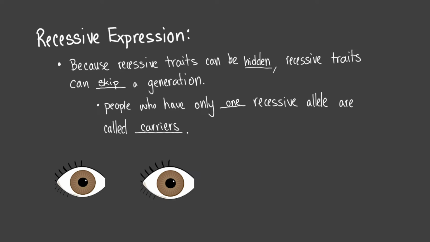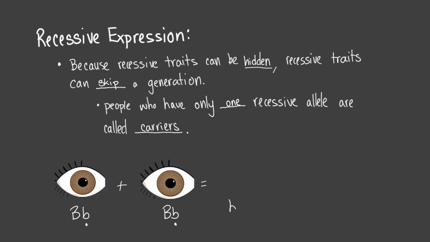This example does not have any sad consequences. It's just eye color. If both parents were heterozygous for their brown eyes, so they had one brown eye allele and one blue eye allele, because brown eyes is dominant, both parents would have brown eyes. But it would be possible for them to have a child that inherits the recessive trait from mom and the recessive trait from dad.